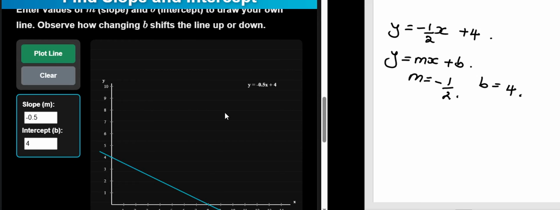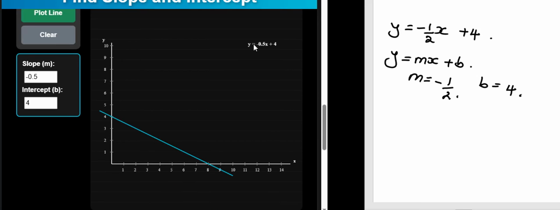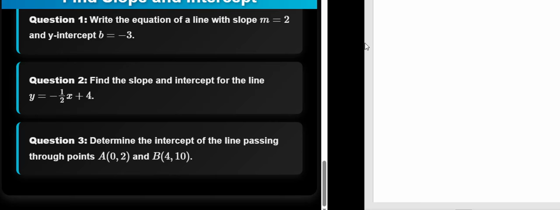So if we plot that line, we realize that it gives us this equation, which is y is equal to -0.5x plus 4, where negative 0.5 is the gradient, and 4 is the y-intercept.